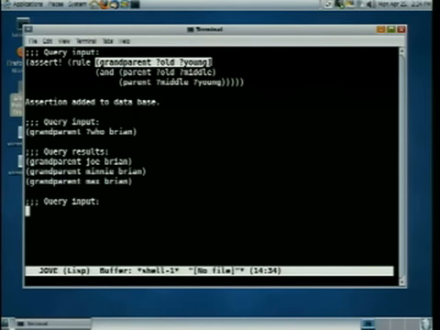Question mark who matches question mark old, and Brian matches question mark young. Okay? So the query I asked does match the conclusion of the rule. If that isn't true, then we just skip over that rule.